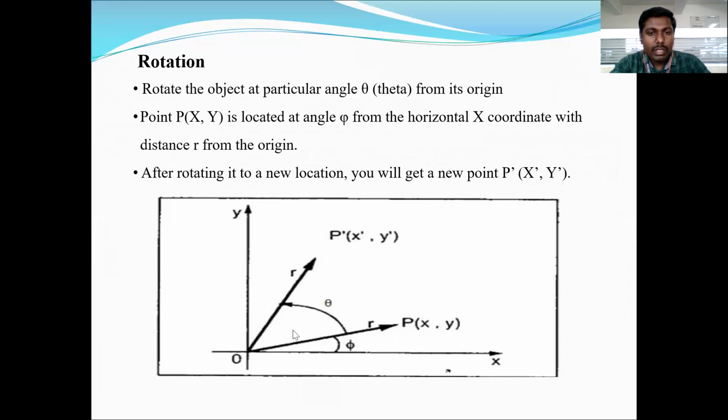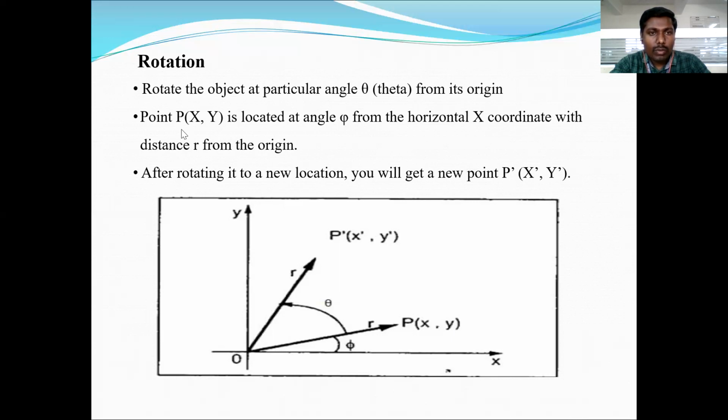See this diagram. Here I am giving two radii. In it, this is our original point position, P of x comma y, that is our original coordinate position. For that we apply the angle theta. Using that angle theta, we rotate the object to a new location.